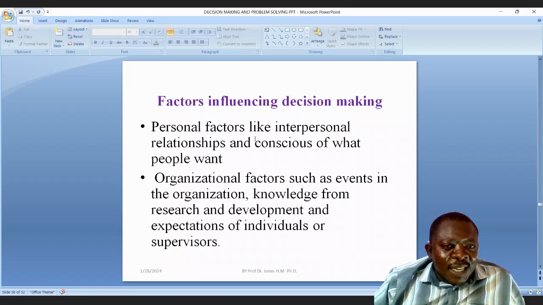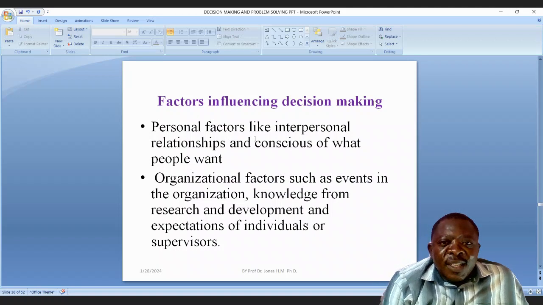So personal factors here can be, you decide to choose another person's decision or alternative that was put forward, and then you ignore the decisions that the other group or crop of employees put forward. So you can find that there is a sabotage of the decision that is made. Personal factors also include how motivated an individual is with the working conditions. So all these may influence our decision making.